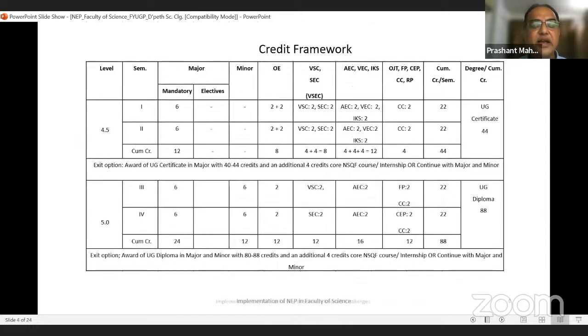If you see the earlier slide, right from the first year, we have 2 DSC, that is discipline specific core, in each semester.